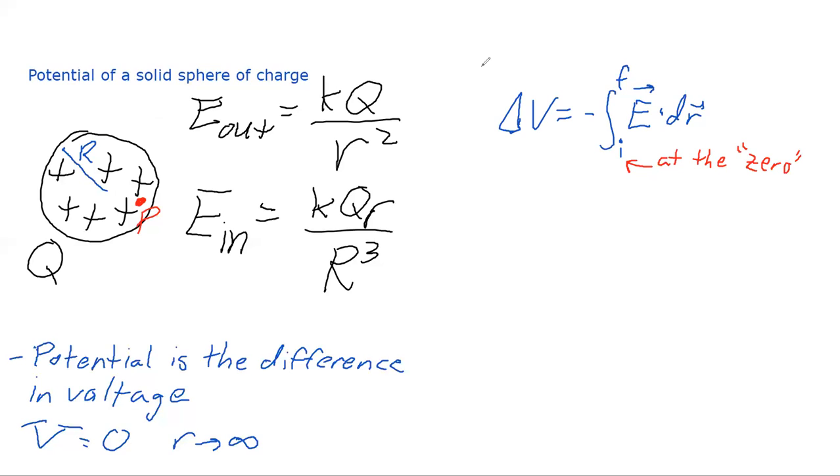So what position do I have zero voltage? Well, I get zero voltage at an initial position of infinity. Okay, so that way, all my voltages are measured from that zero value, right? My delta V, my change in voltage, my initial voltage would be zero if my initial position is at infinity. Hope that makes sense to you guys. Let me know if it doesn't.